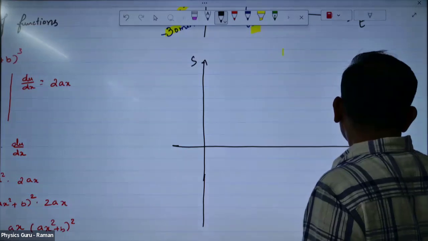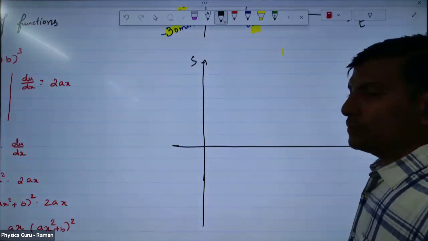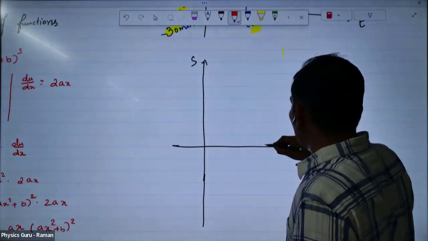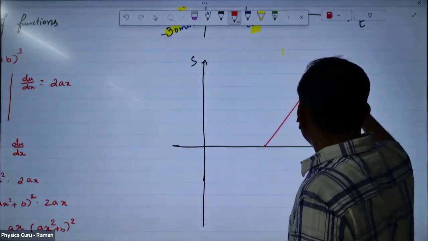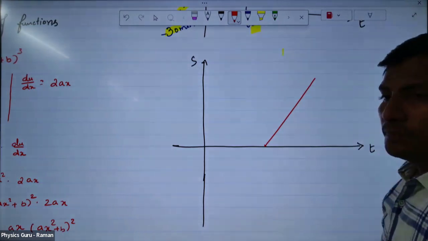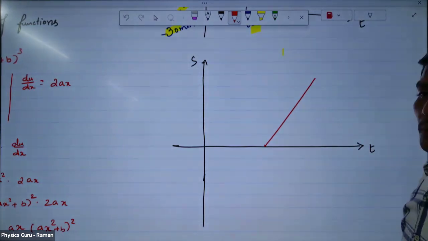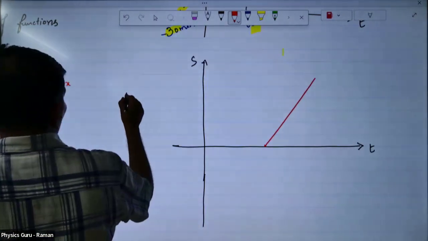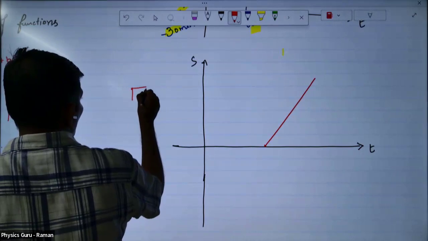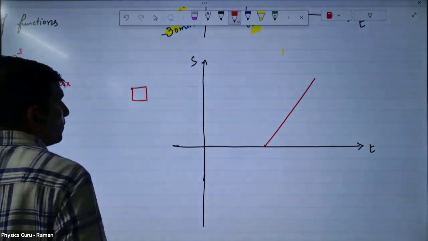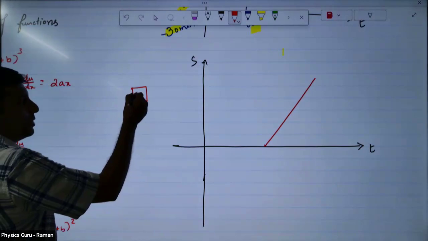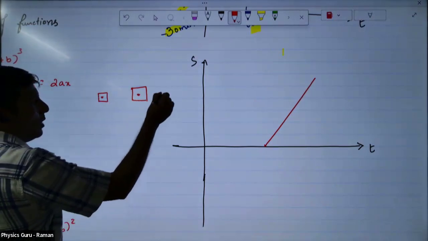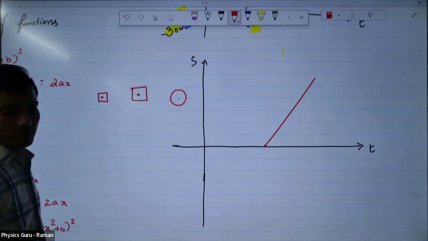Displacement and time. You start to observe from here. For example, this man's house is here, and your house is here, and the park is here.